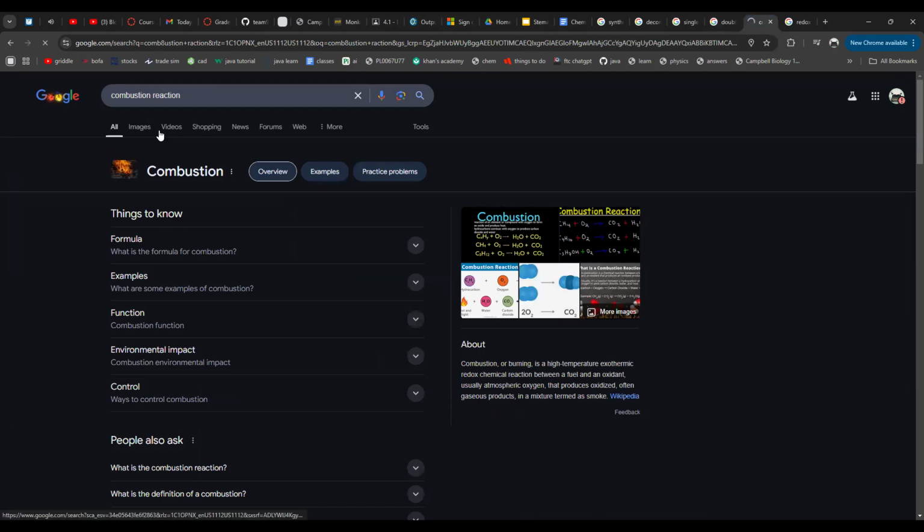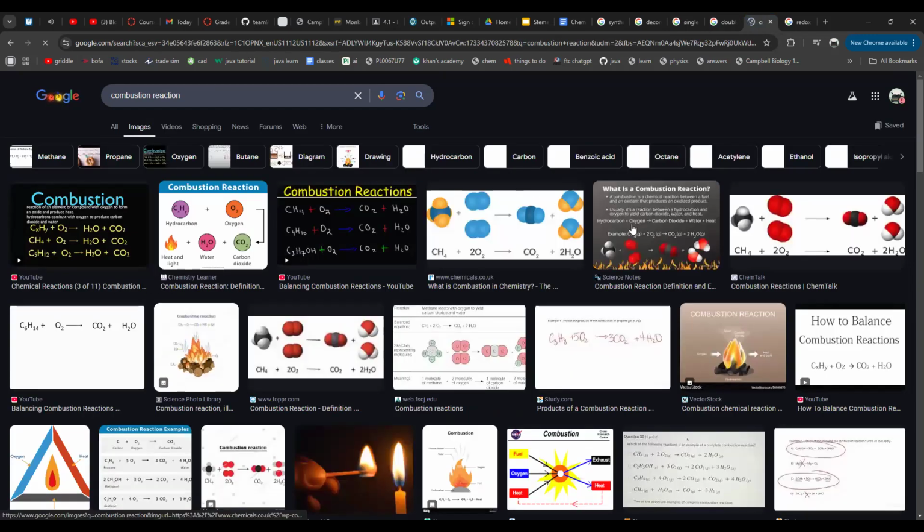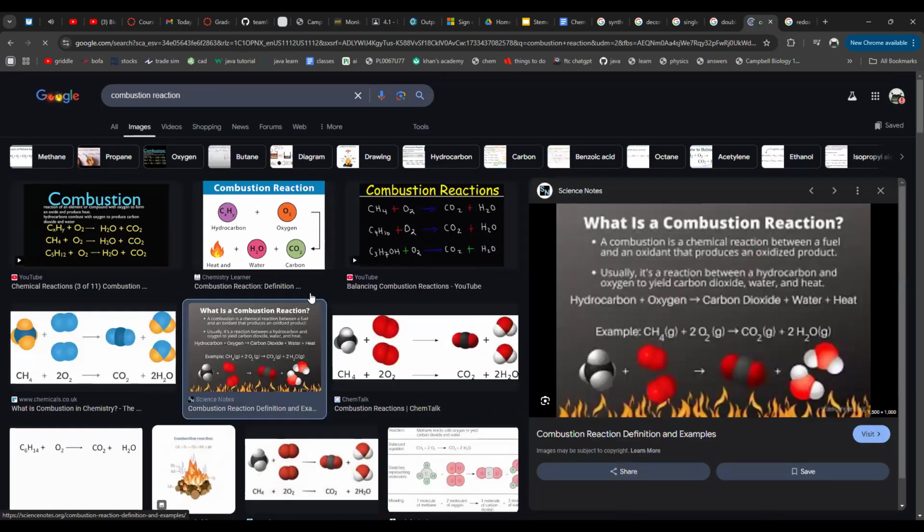So the next kind of reaction is combustion. It's a kind of reaction where a fuel and an oxidant, usually oxygen, yields an oxidized product, right? The one that I come across most commonly is a hydrocarbon plus oxygen yields carbon dioxide and water and heat.